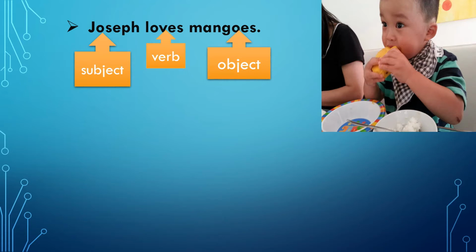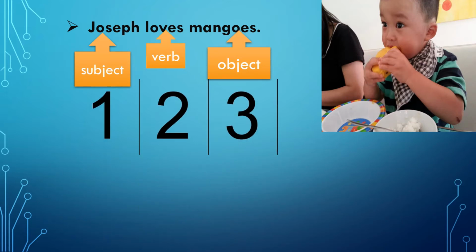The subject takes up the first place, verb takes the second place, and the object takes the third place. The sentence arranged in this order is called active voice. That is, the sentence in which subject comes first and is followed by verb and object is called active voice or active sentence.